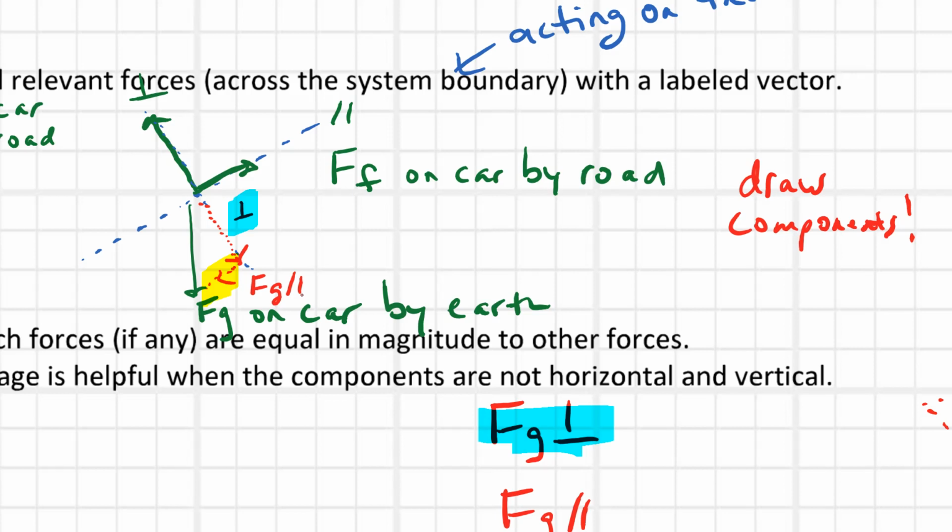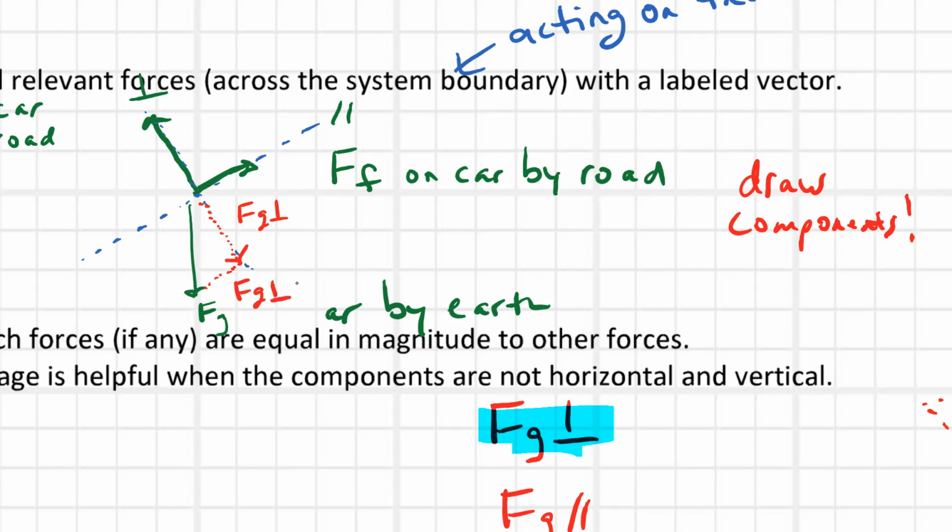Now, when I draw my equality marks here, I'm just going to erase some stuff, erase these colors so I can get at it better. Now when I draw my equality marks, it's so much easier. Here, I'll just get this FG, and I'll put this one here as FG perpendicular.